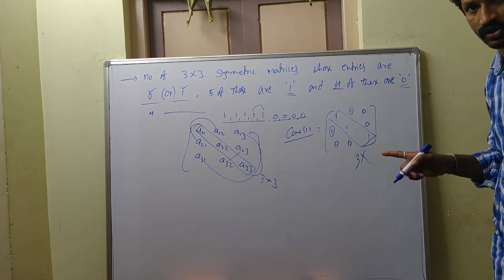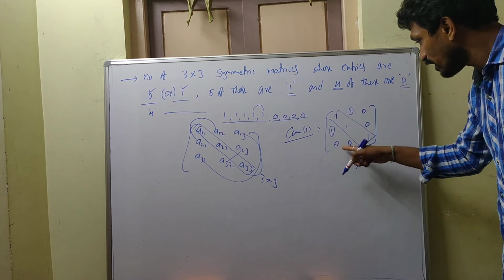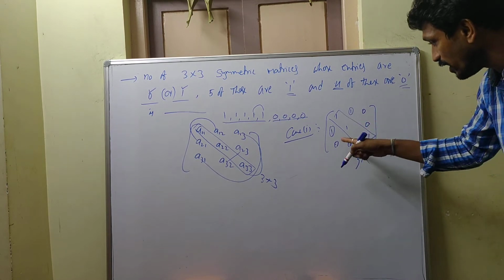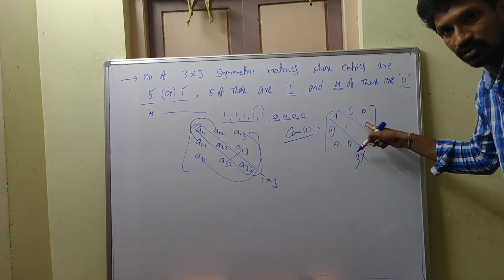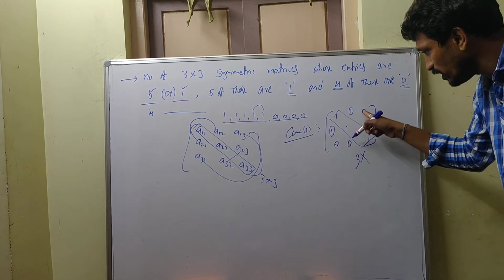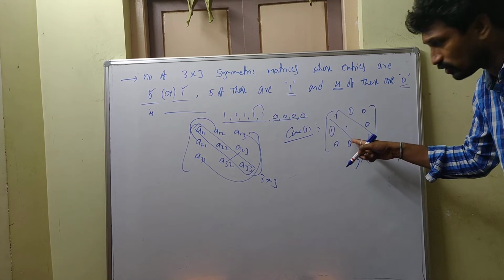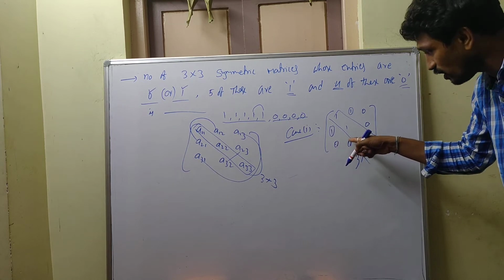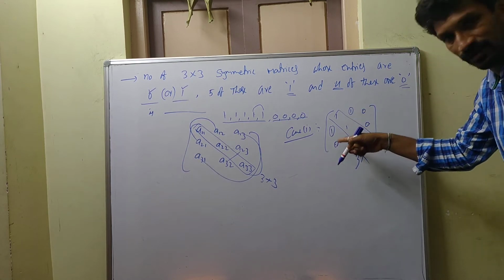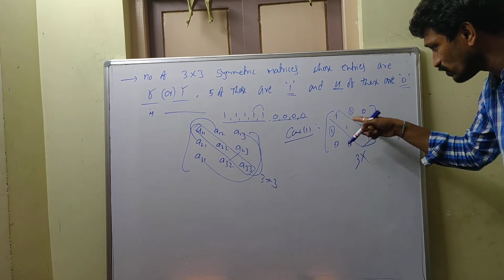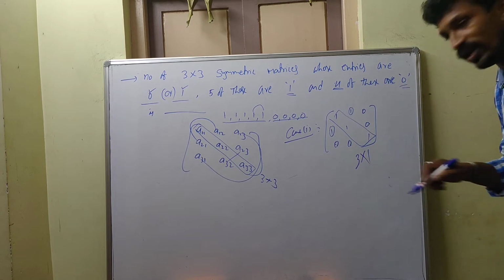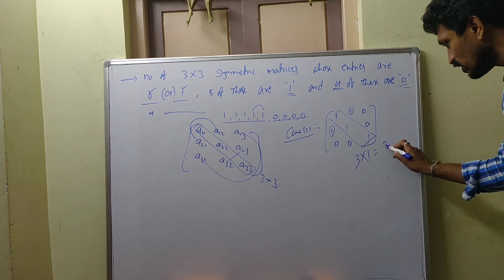For the rest, if you fill 1 here, then zeros here, and if zeros are here then zeros are also here. Both are the same, so only one way. Total here is 3 ways.